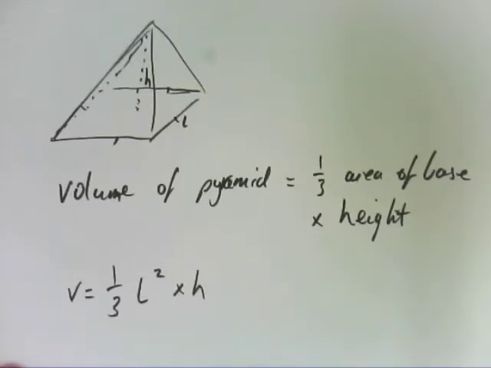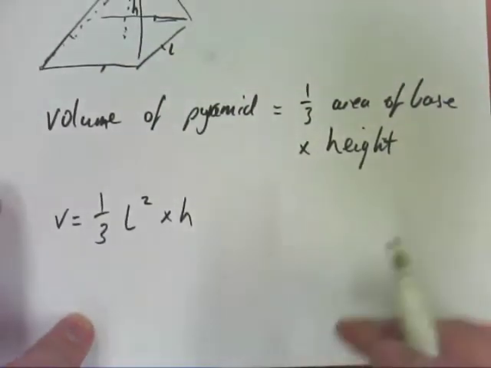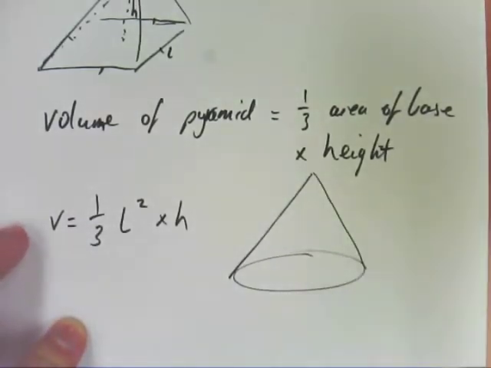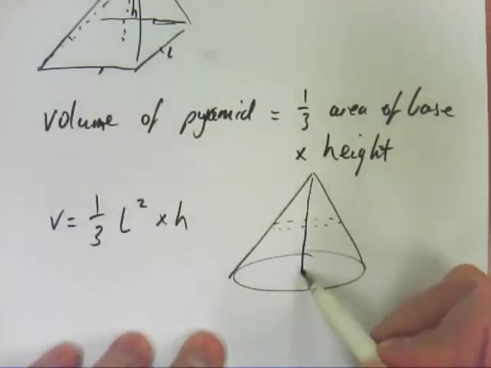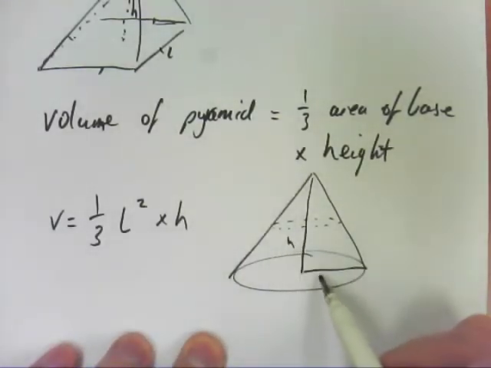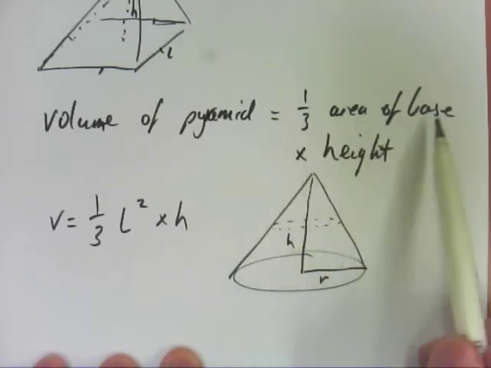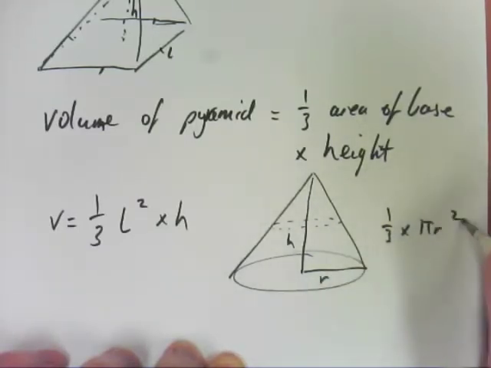And I think that counts for cones as well. So if you had a cone rather than a pyramid, it's really still a pyramid. You need to know the height and the radius, and the same formula will apply. 1/3 times the area of the base, which is pi r squared, times by the height.